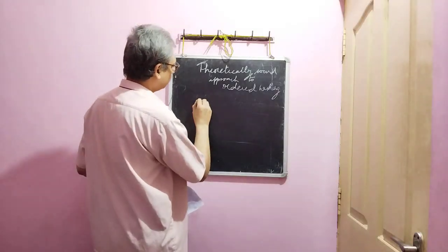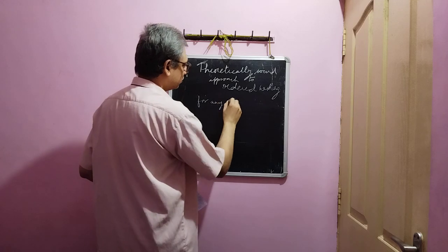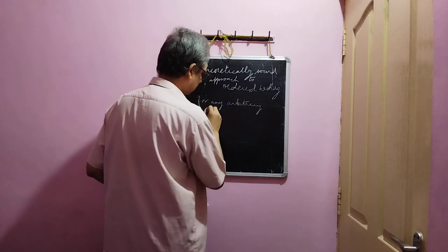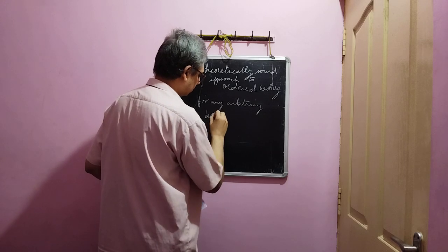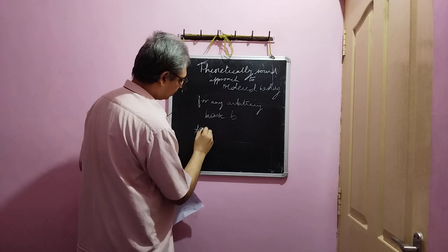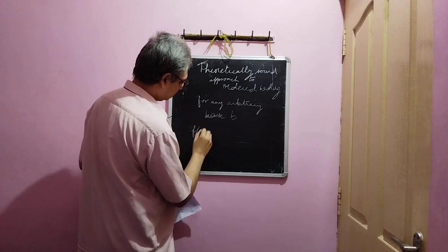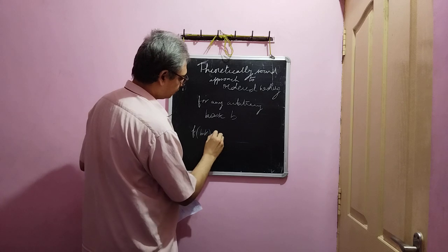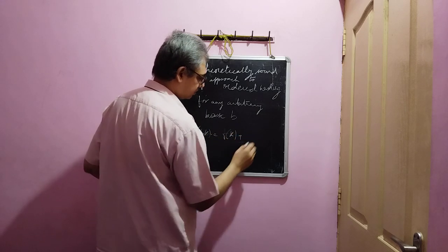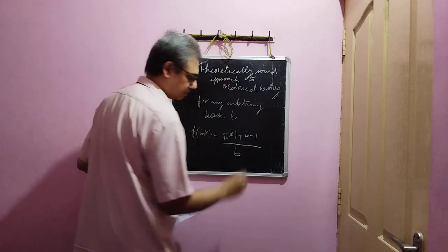That is, for any arbitrary base b, we can define f of b times k will be equal to f of k plus b minus 1 by b.